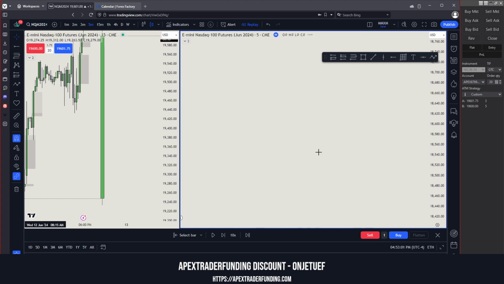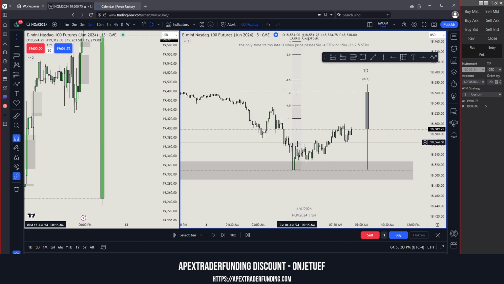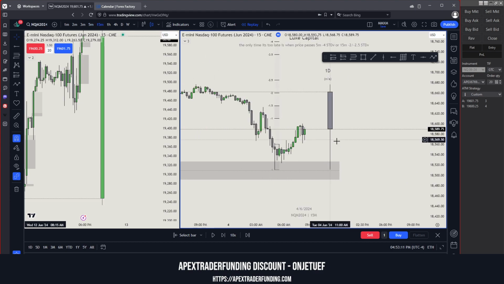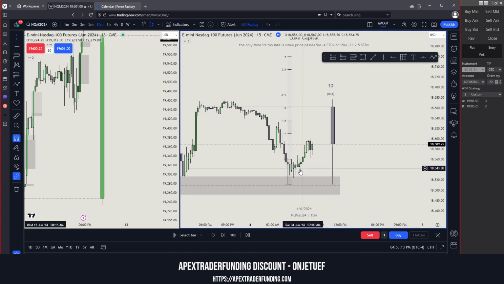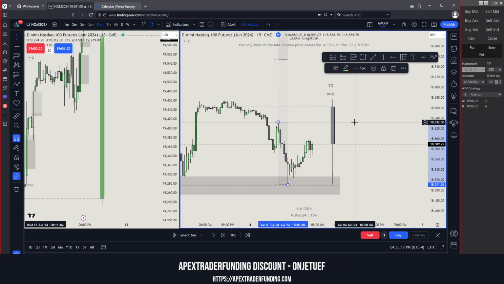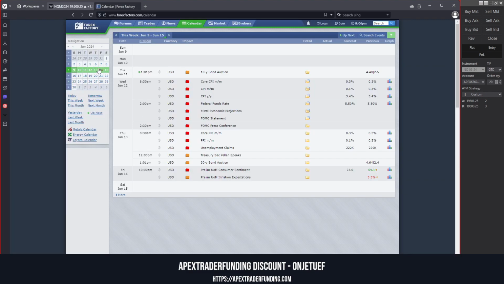I wonder if it's easier to see on the 5-minute. Yeah, kind of. So we'll go back to the 15 because that's where you measure the daily power of 3 from. That's the manipulation leg.